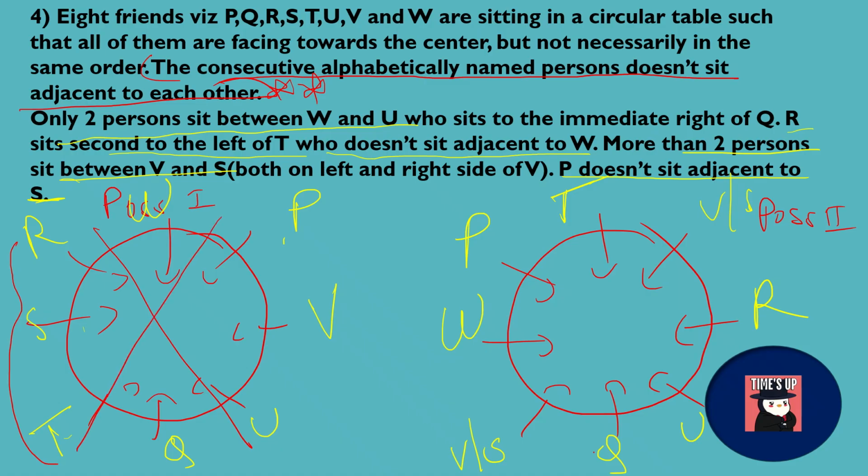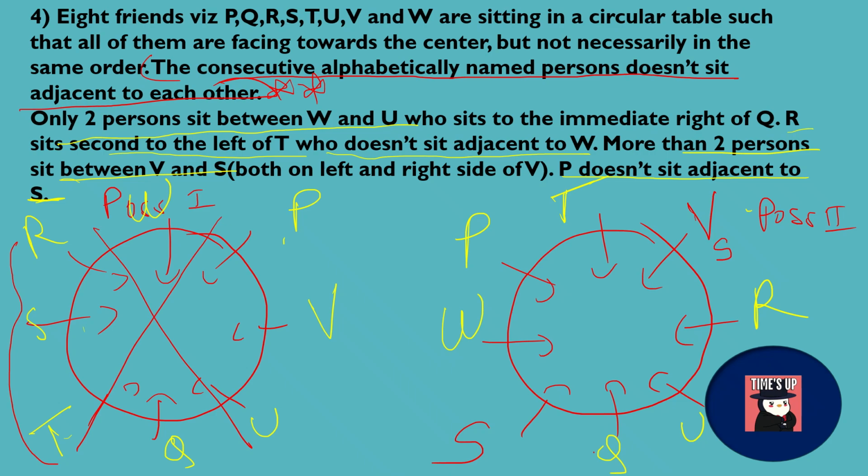In the second possibility, where should I place V and S now? I'll place S here and your V here. Why am I doing this? Because if I place S here, then same thing, R, S, T will be consecutive alphabetically named persons.